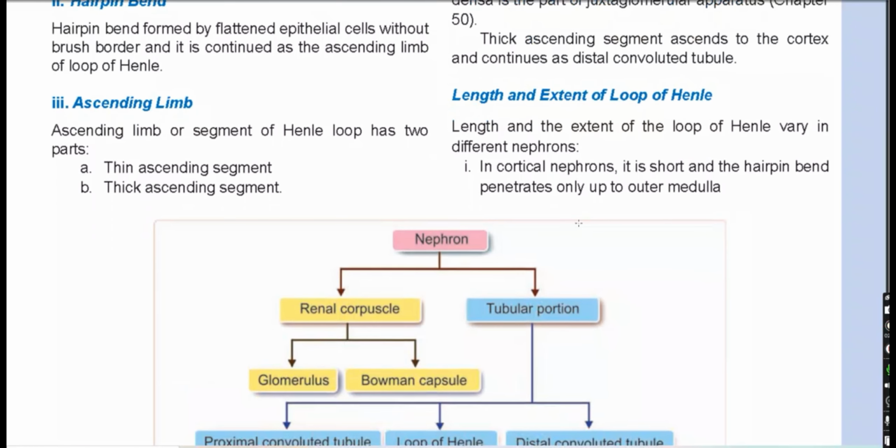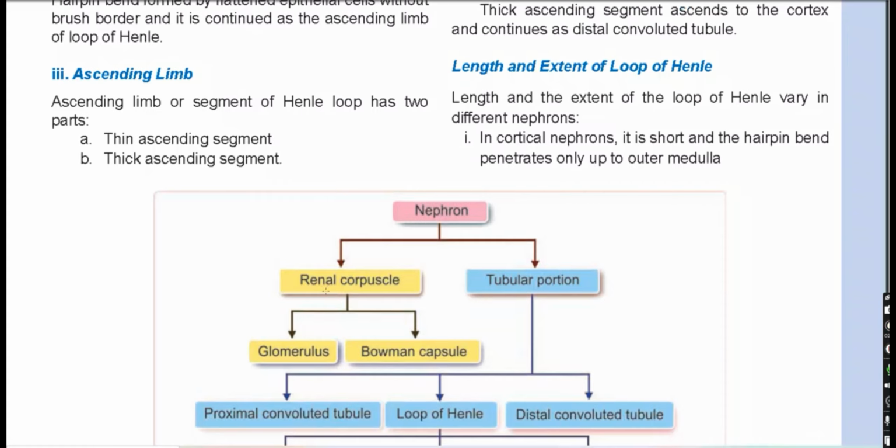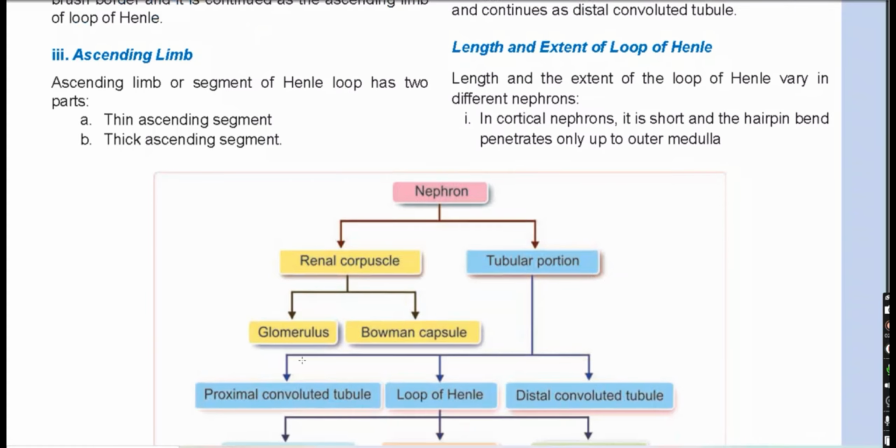So basically, what we learned today is that the nephron is the structural and functional unit of the kidney, and it has two parts: the renal corpuscle and the tubular portion. The tubular portion is of three types: proximal convoluted tubule, loop of Henle, and distal convoluted tubule.